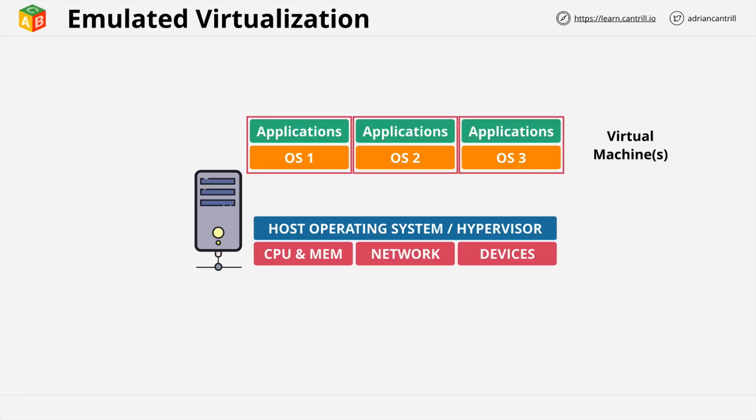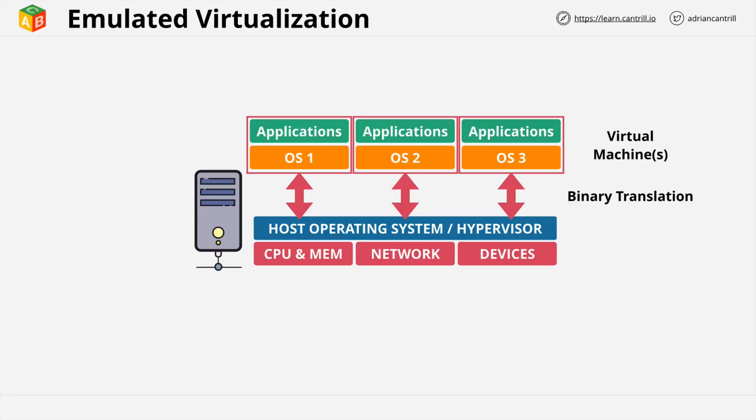So the hypervisor performs a process known as binary translation. Any privileged operations which the guests attempt to make are intercepted and translated on the fly in software by the hypervisor. Now, the binary translation in software is the key part of this. It means that the guest operating systems need no modification, but it's really, really slow.